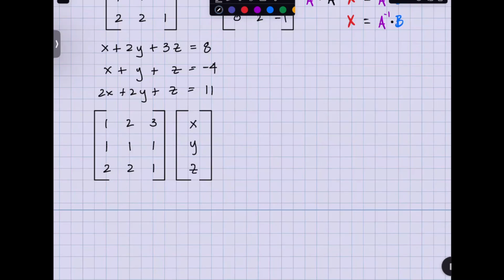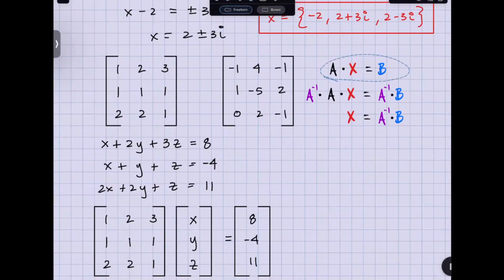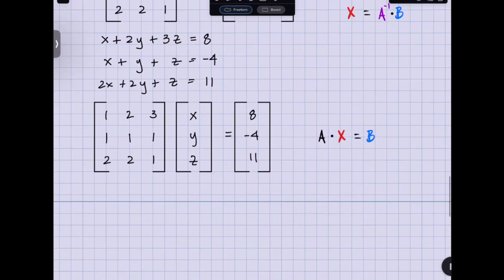And that's going to equal to, okay? So that is this right here. That's what this is talking about. Okay? So my goal is to solve for x, y, and z.